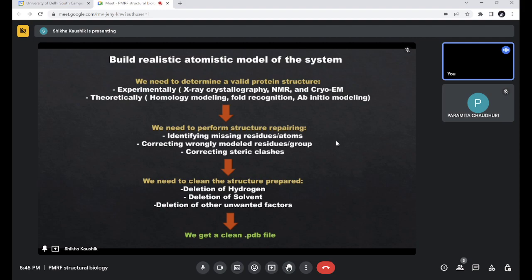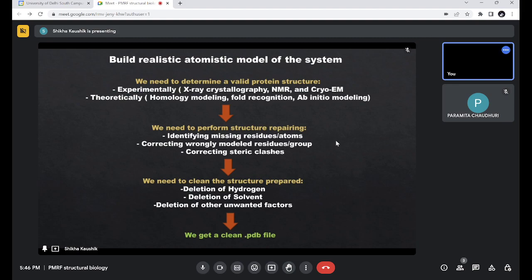If they are not present, you have to identify the missing residues and missing atoms, and put them there. Then you have to correct wrongly modeled residues, because there is a possibility that these files do not have the correct alignment of residues. So you have to do all the corrections. You have to correct the steric clashes.